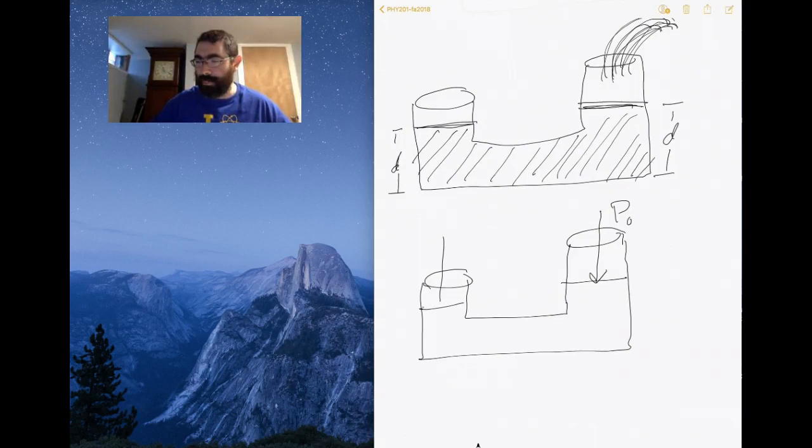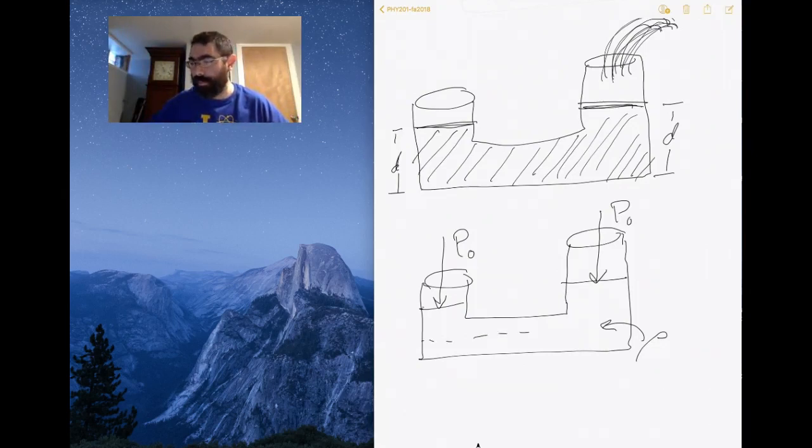There's going to be the same pressure P0 pushing down on that side. And what you have now is, if the fluid has the same density, which it should since it's one fluid inside this container, then it's going to have the same weight. So at every depth, D, you get the same pressure.